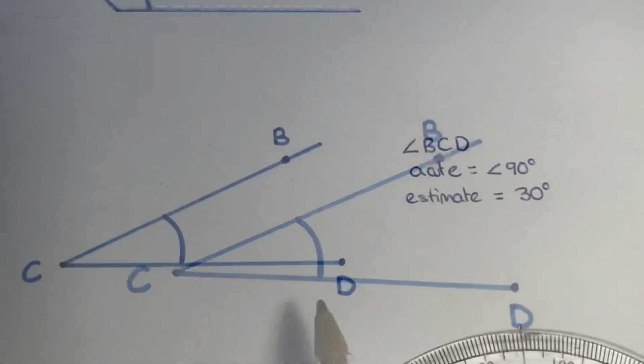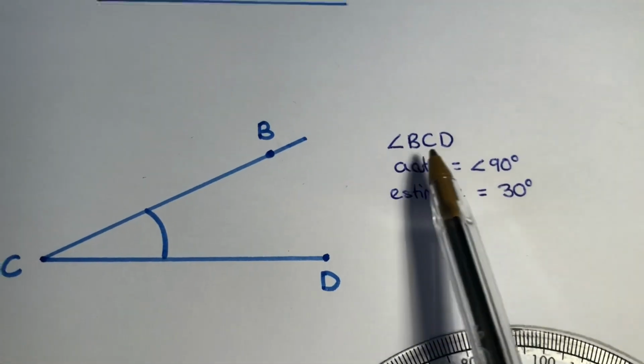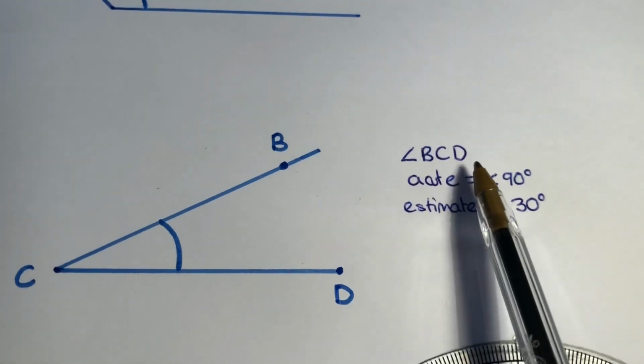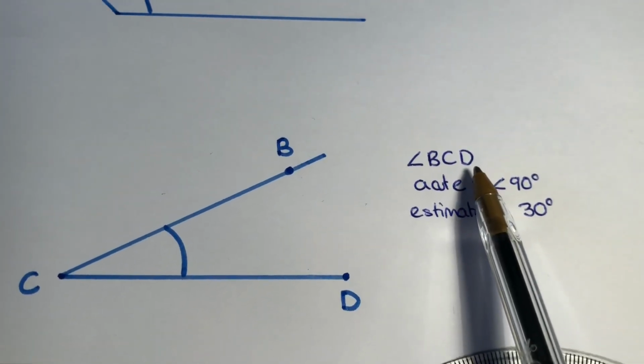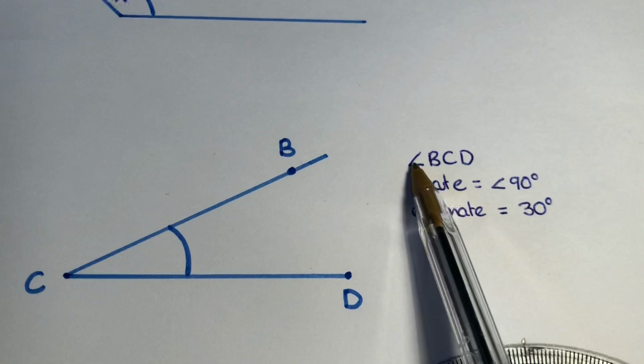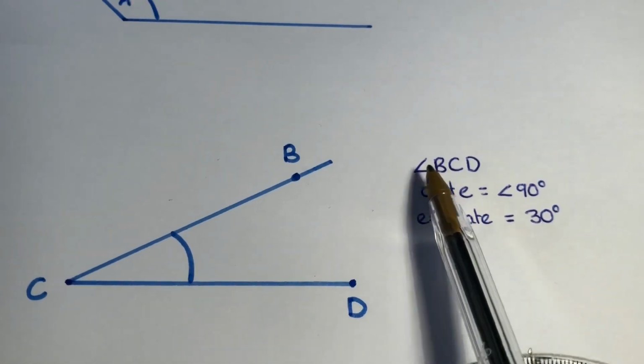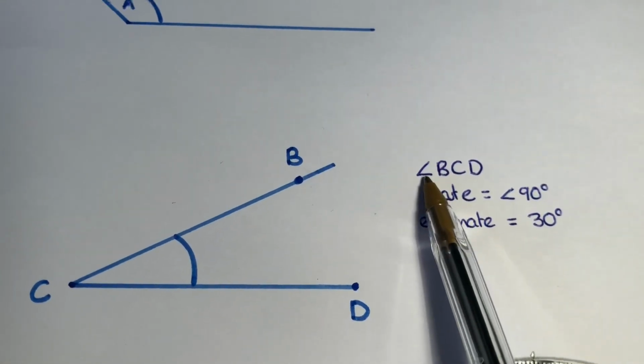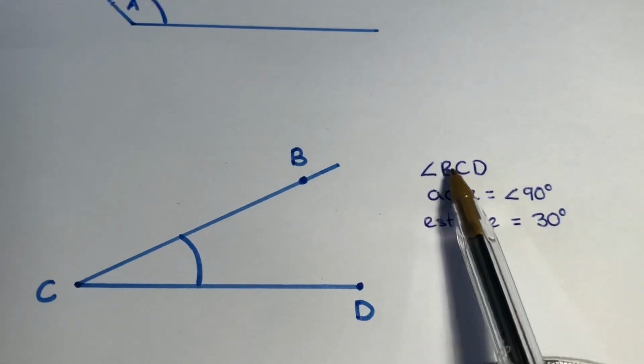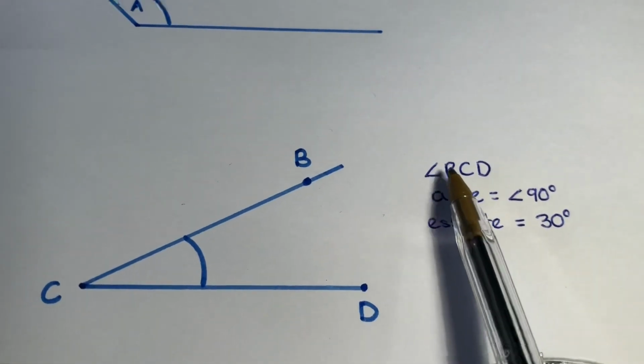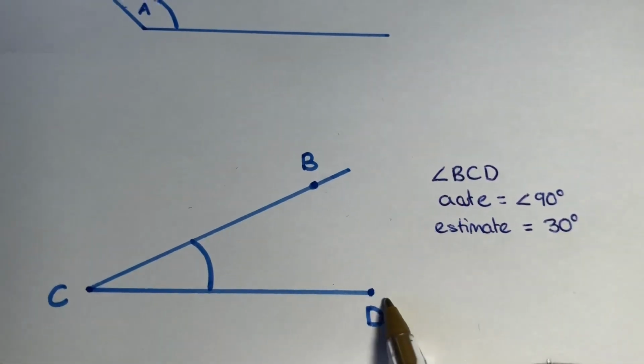So this is how I can write down my description, my notation of my angle. It's the angle, so we have a tiny little angle symbol to show it's an angle that we're talking about, and it's angle BCD, the path from B to C to D.